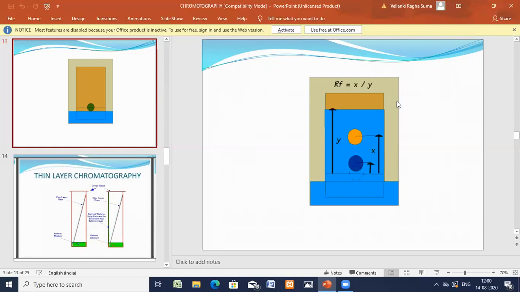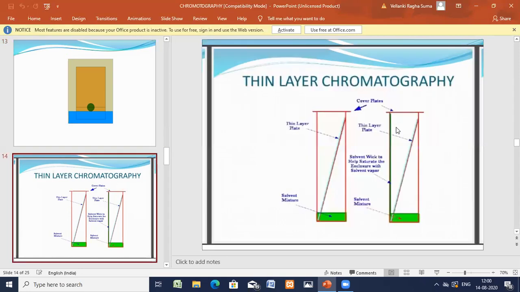X by Y. So in thin layer chromatography, a chamber is taken with packing material and the solvent mixture. This is the slurry, and this is the thin plate. The solvent mixture is there, and the solvent helps saturate the enclosed area, covering the plates.